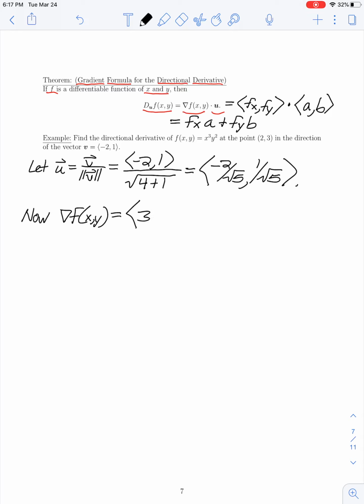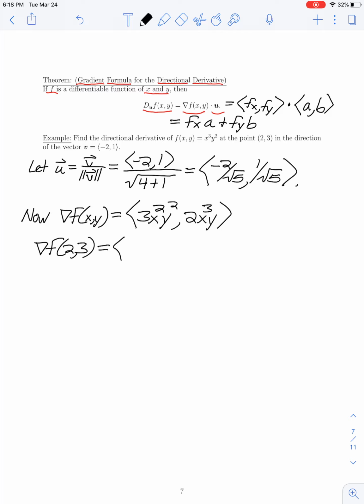We're looking at the vector whose first component is the partial derivative of f with respect to x, which is 3x squared y squared. And our partial derivative with respect to y is 2x cubed times y. Now we're interested in the value of our directional derivative at the point (2, 3). So let's evaluate our gradient, grad f, at that point.